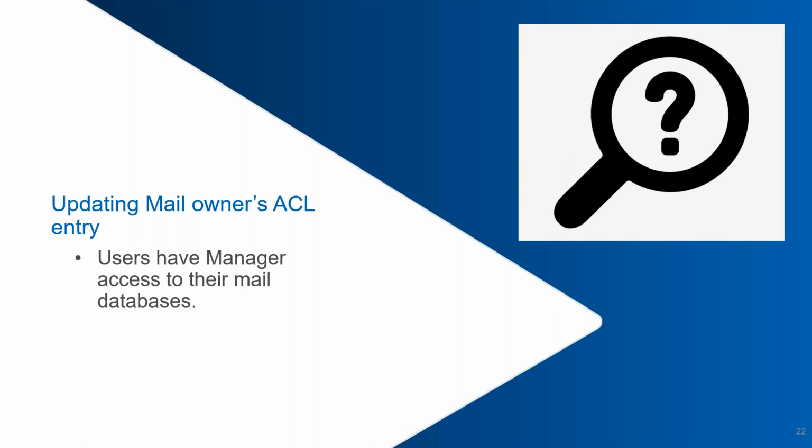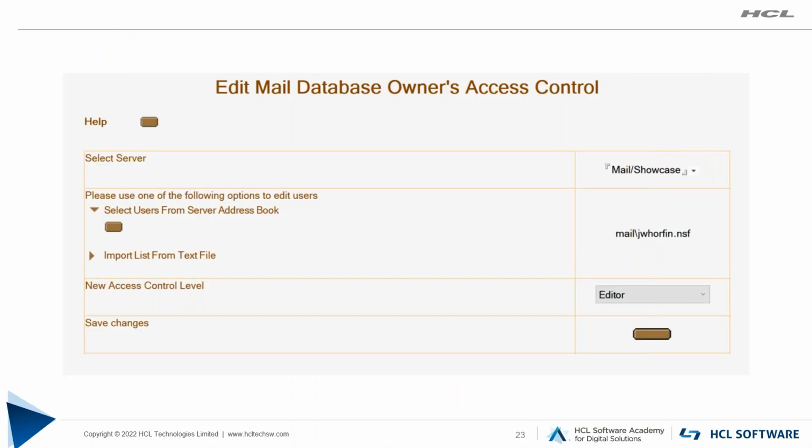So you have mail databases out there that were created a long time ago and the ACL is elevated because that was the way it was at that point in time, or perhaps a previous administrator just let it continue to be manager. They're like, oh yeah, they need to be manager. We're just going to set the mail owners as manager. Well, as you come in and want to do cleanup in your environment, you can use this edit mail database owner access control utility.